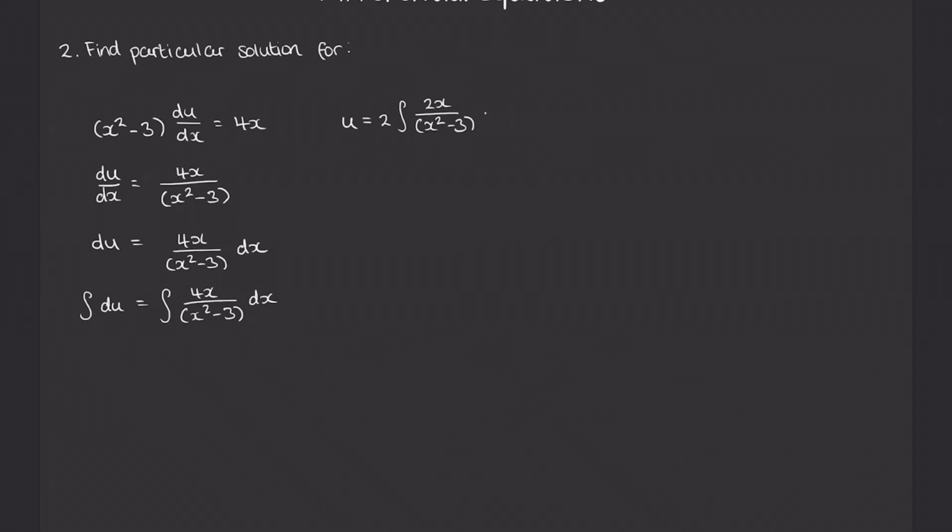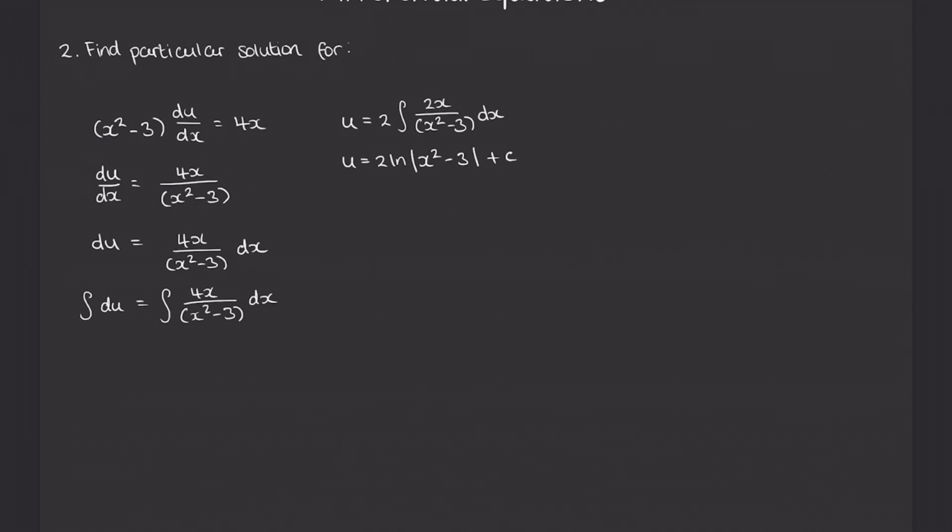And then with respect to x, and when we integrate this, we get u equals 2 because of the outside bit. And then ln, or natural logarithm, the modulus function of x squared minus 3. And then obviously remembering our arbitrary constant.